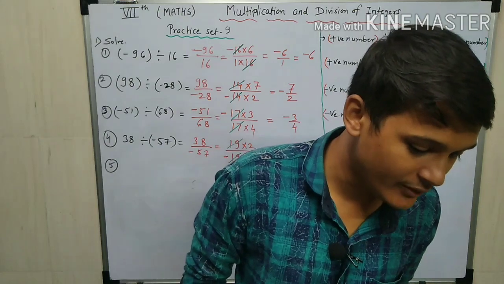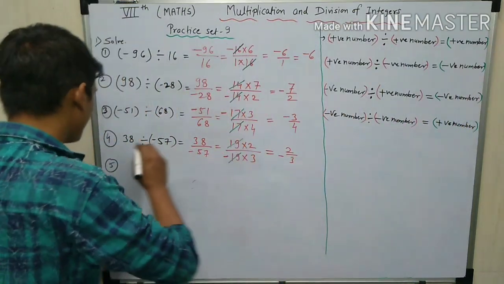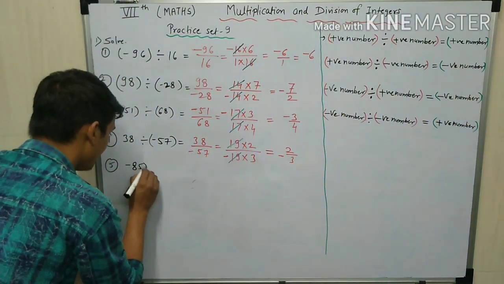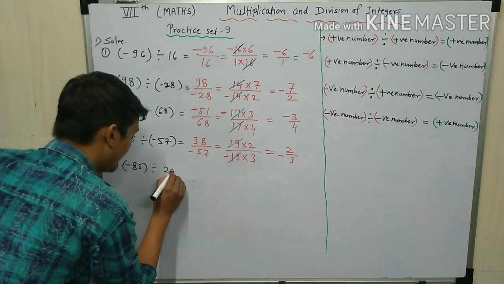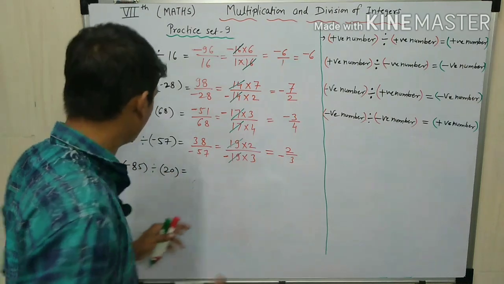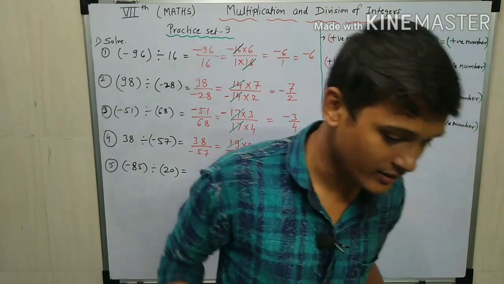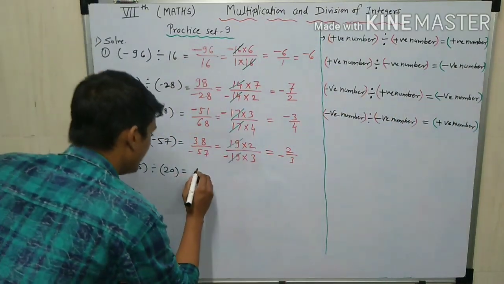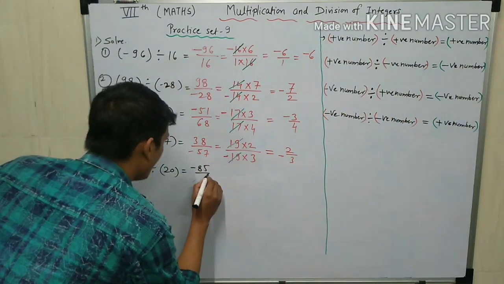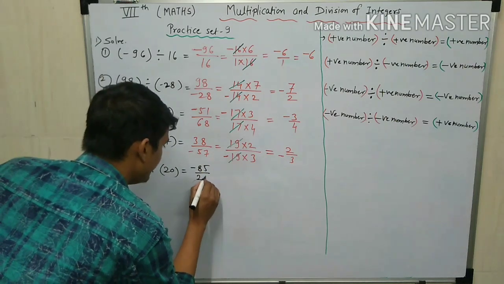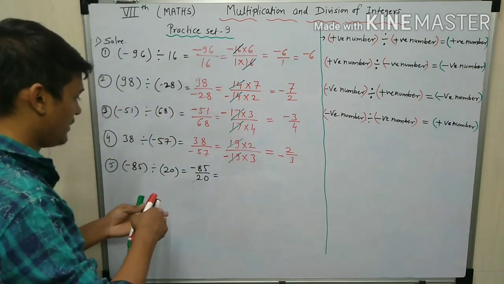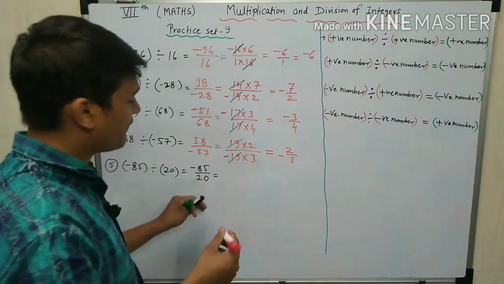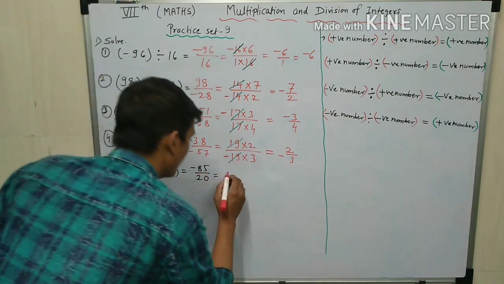Now fifth is minus 85 divided by 20. Minus 85 divided by 20 is equal to. Now you can write here first minus 85 upon 20 is equal to, which table are 85 and 20 in? The 5 table. Understood?